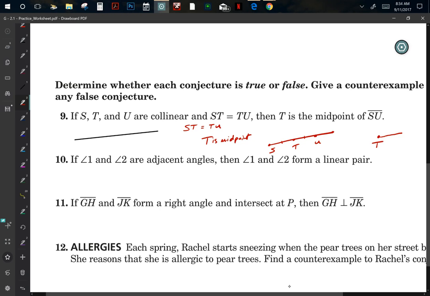I could do it like this, couldn't I? And that was S and that was U, but the problem is then they wouldn't be what? So actually, I think this is true.